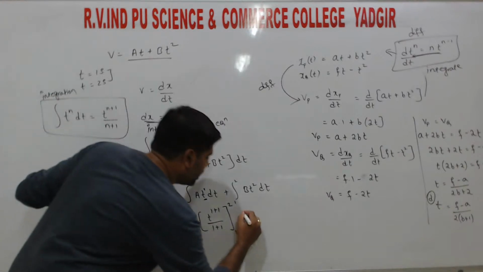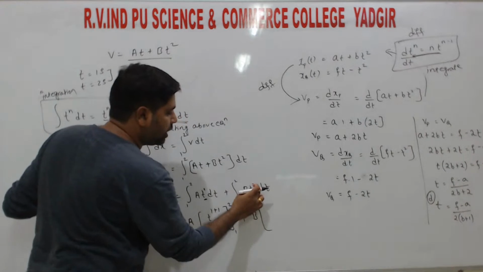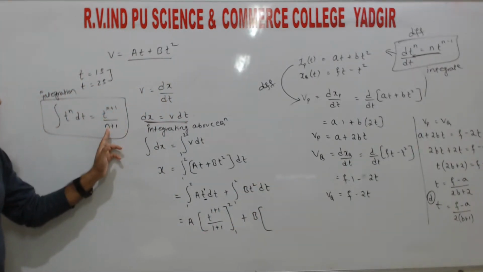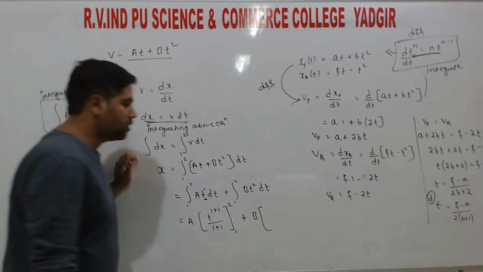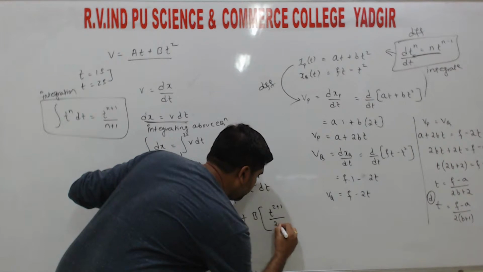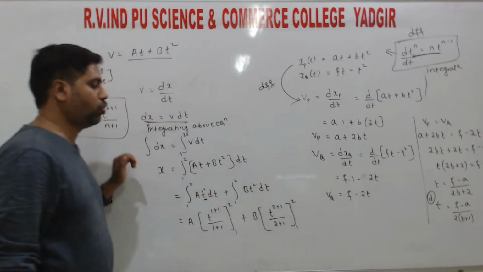Next, plus b keeping outside. Here the t power n value is 2, so t power 2 plus 1 divided by 2 plus 1. The limit is 1 to 2, right?